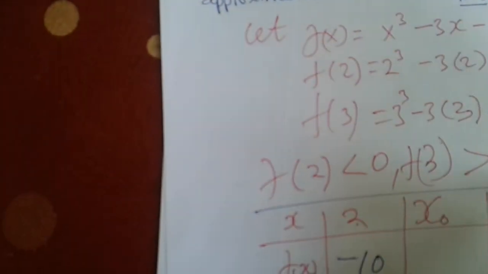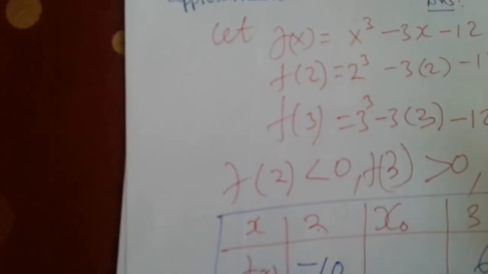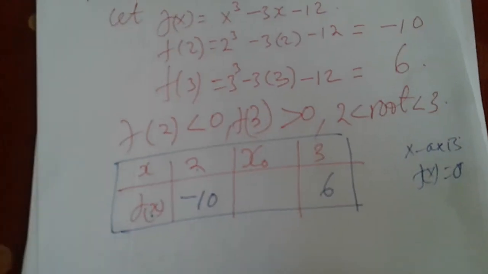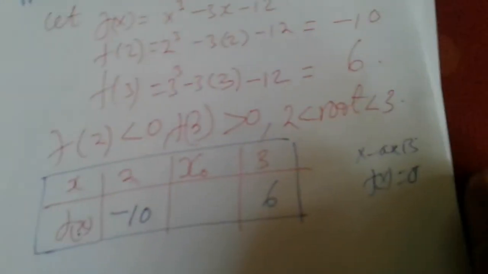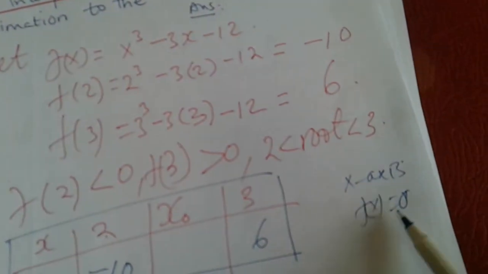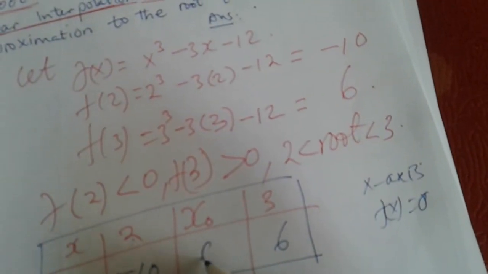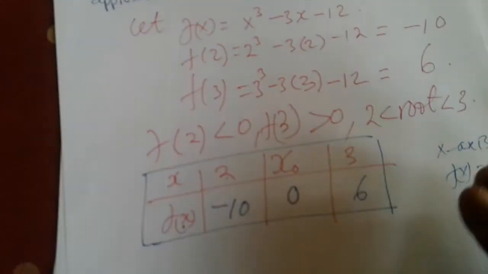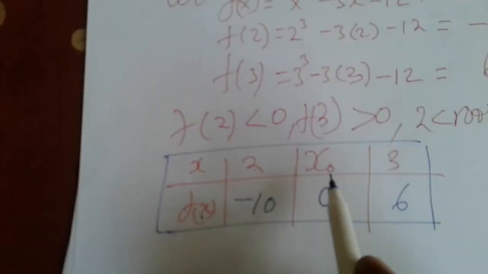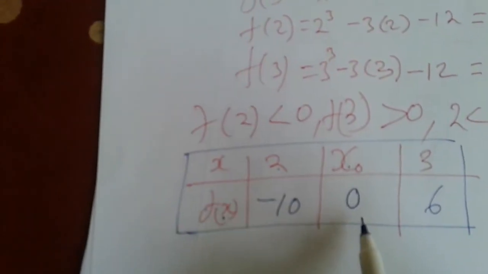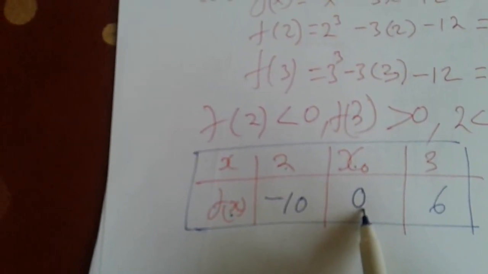But we know that roots of equations are along the x-axis where f of x is equal to 0. Therefore, if we're estimating, we shall have the value of f of x at what we're estimating, x0, to be equal to 0.